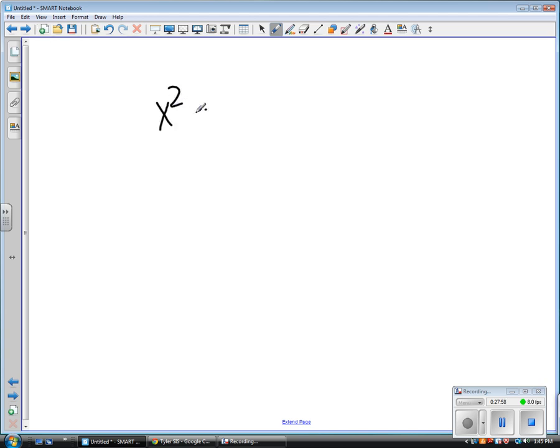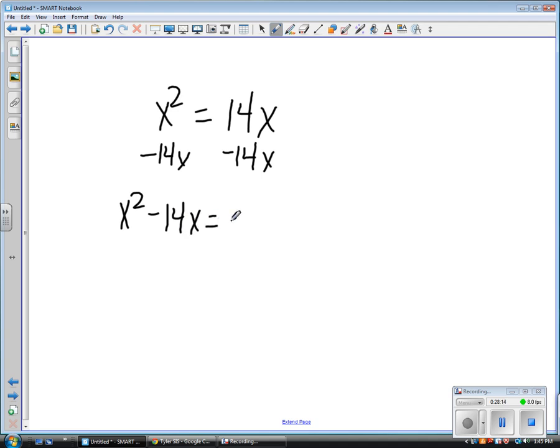Sometimes you might even have this. x squared equals 14x. How do you solve that equation? Let's get our x's on the same side. So that means I want to subtract 14x, right? So now I have x squared minus 14x equals 0. Now what are you going to factor out? x.